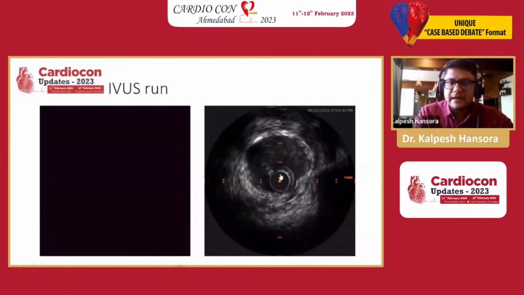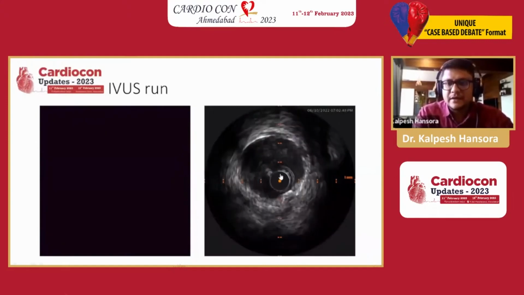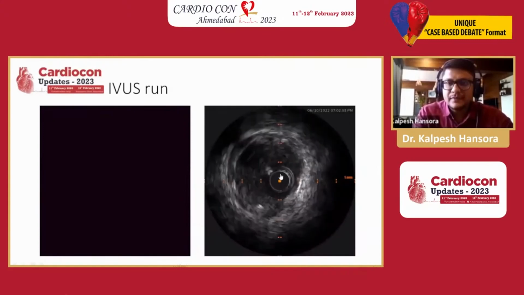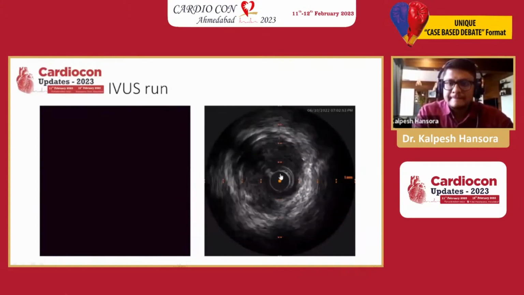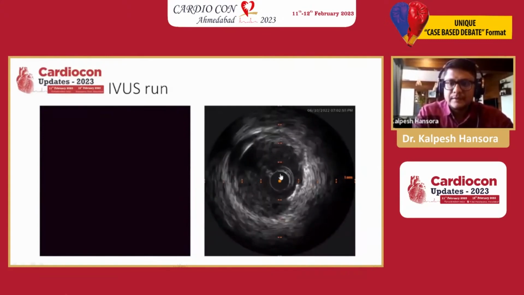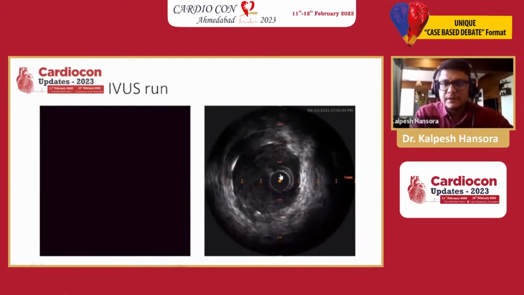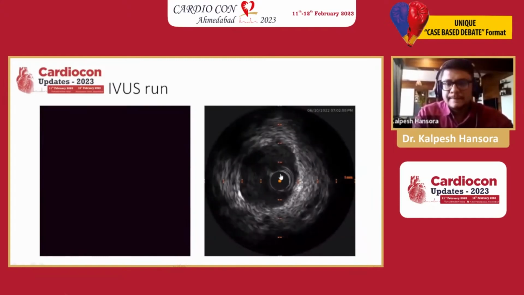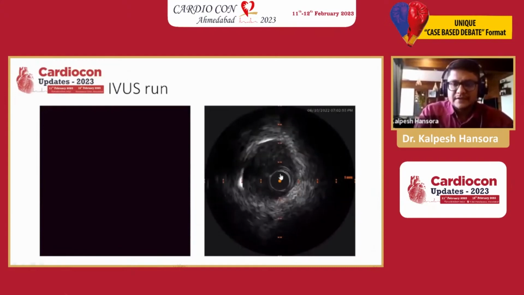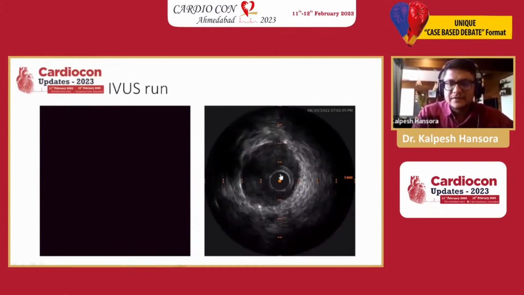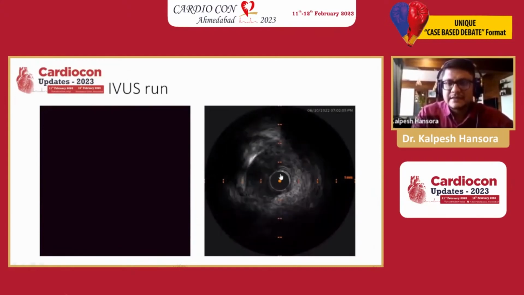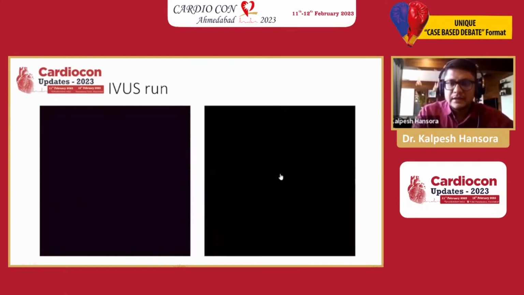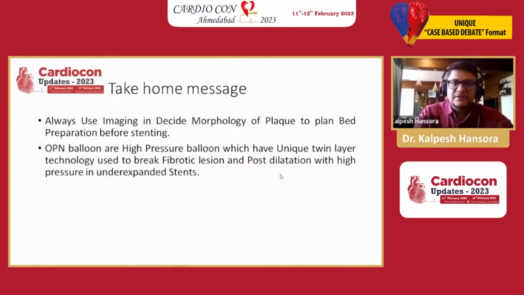Otherwise, the stent was well apposed and well expanded throughout the vessel. So this was the IVUS run. The stent was good. There was no residual dissection, and then this was the final shot we took.